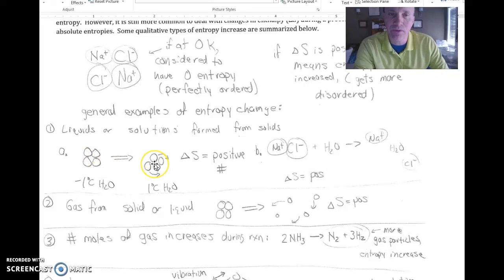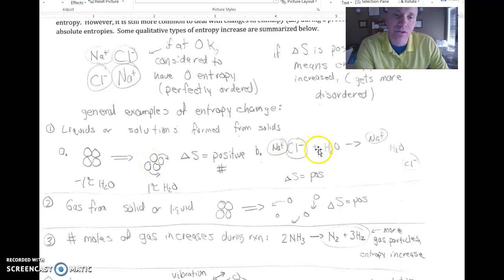If we melt that pure sodium chloride, essentially you're going from this very ordered pattern where these things have that crystal lattice structure to this thing where these atoms or molecules are able to slide past each other. That would be associated with a positive delta S because the disorder is increasing.